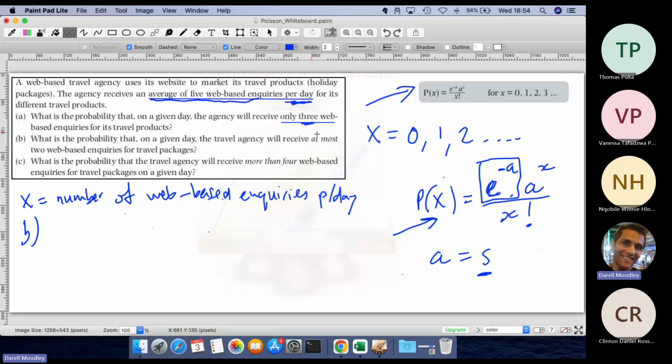So here, once again, you're getting tested on expressing at most mathematically.